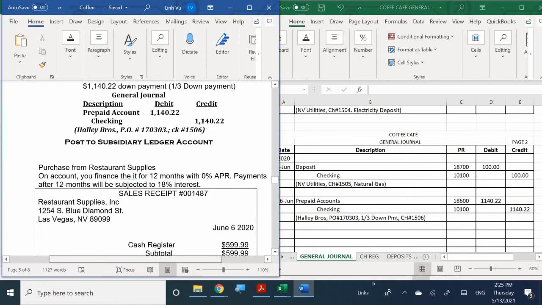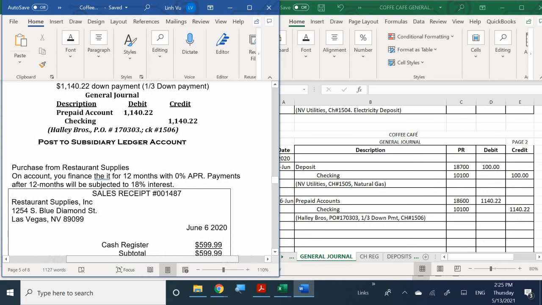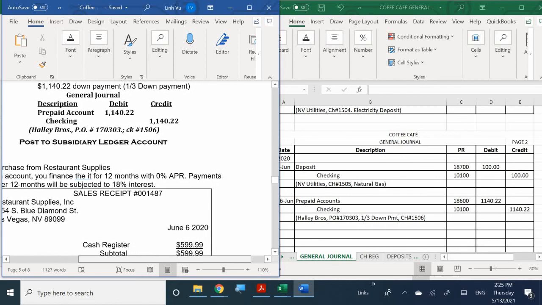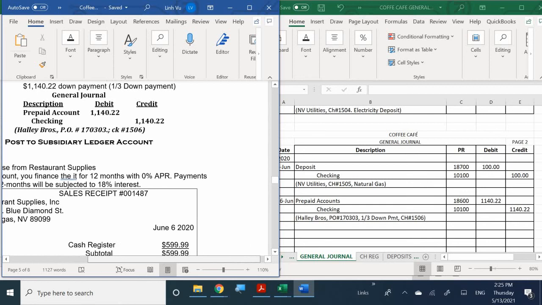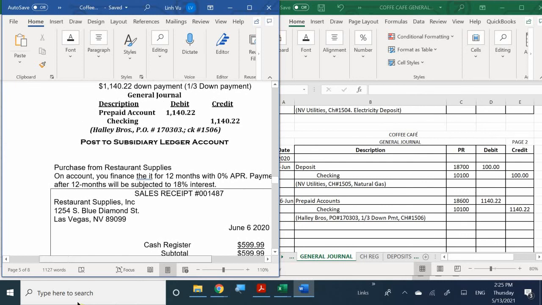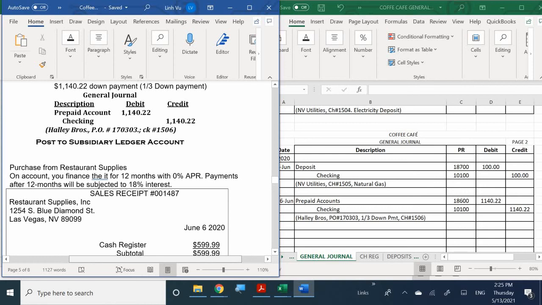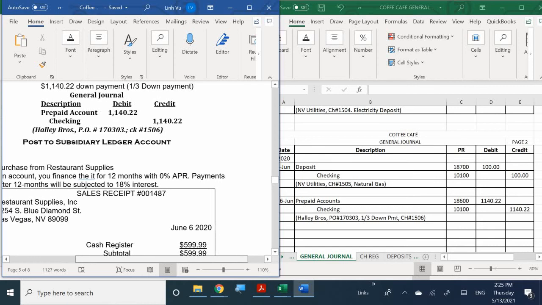We decided to purchase something on an account that we financed for this item for 12 months with 0 APR. And then payments after 12 months will be subject to 18% interest.